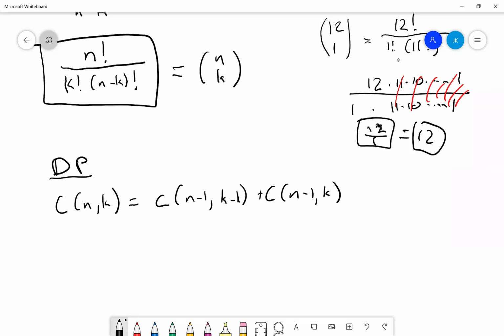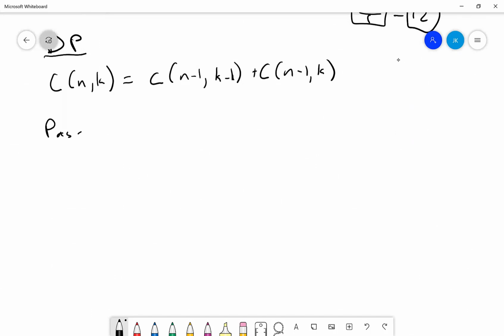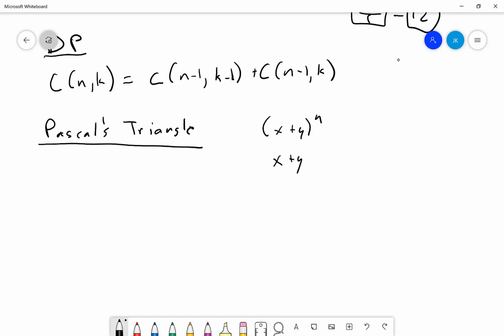Now, the way that you'll often see this written is with Pascal's triangle. Pascal's triangle is, the way it's normally thought of, the coefficients of x plus y to the n. What are the different coefficients? So, you would end up with x plus y if n is 1.